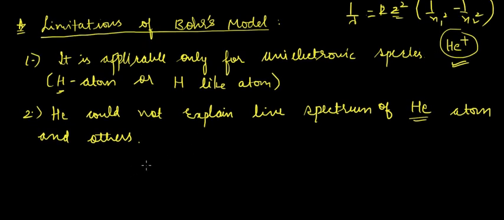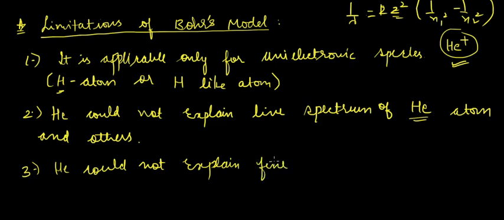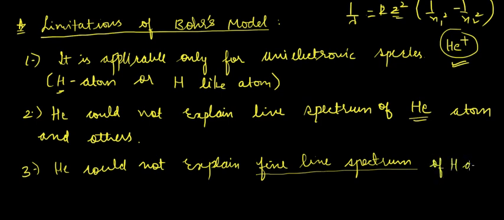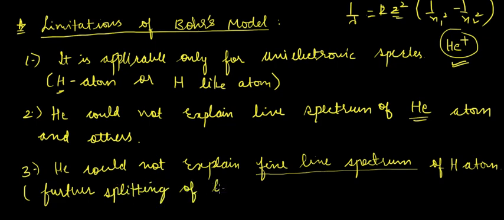Okay, so third, he cannot explain fine line spectrum of hydrogen atom, which is nothing but further splitting of lines, and he was also unable to explain splitting of light in presence of magnetic field.